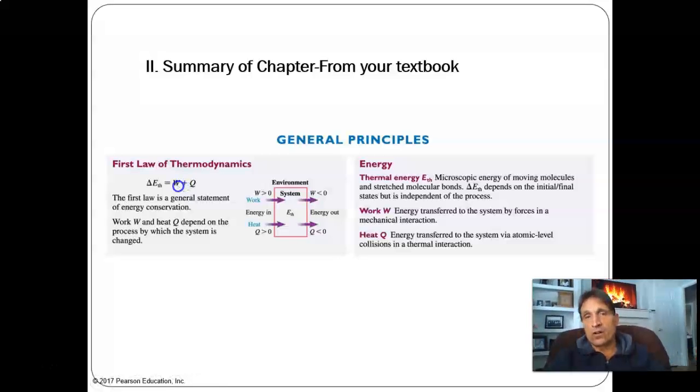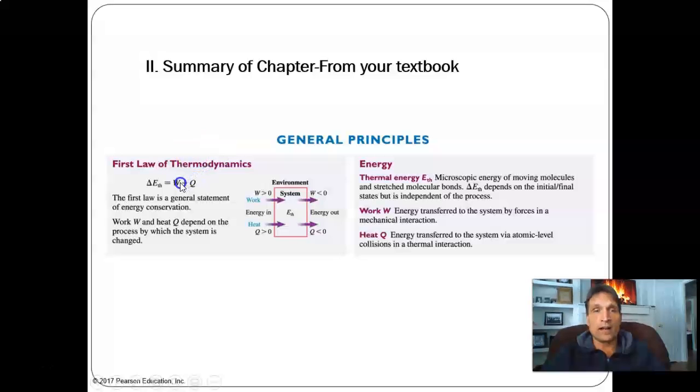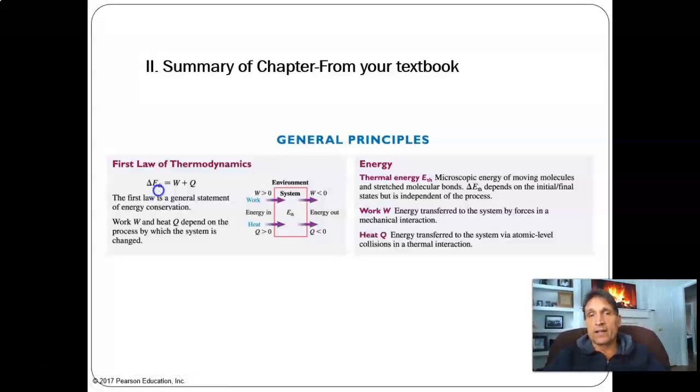Your author just calls it W, but what he means is it's the external work done by the body on the system. That the external work done on the body plus the heat added to the body give rise to the change in the thermal energy of the body, if we can neglect macroscopic motion of the body. And this is the first law of thermodynamics. So we spent quite a bit of time on this. It definitely should be on your exam cheat sheet.